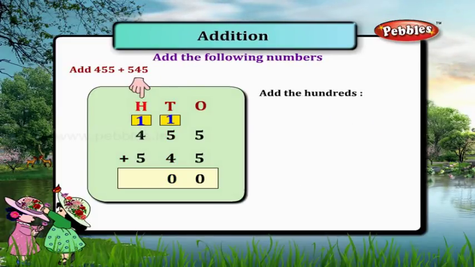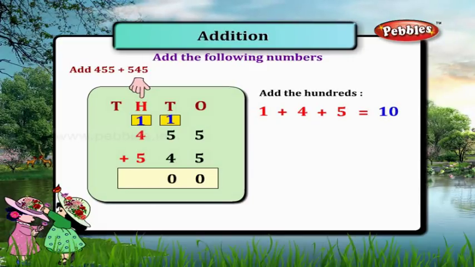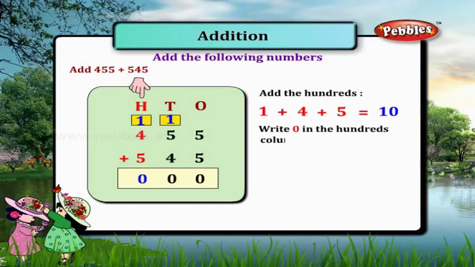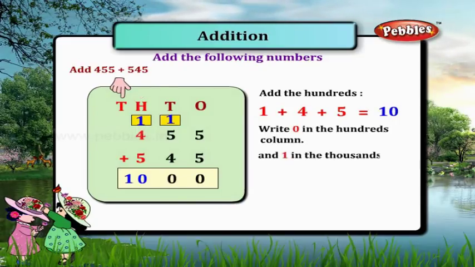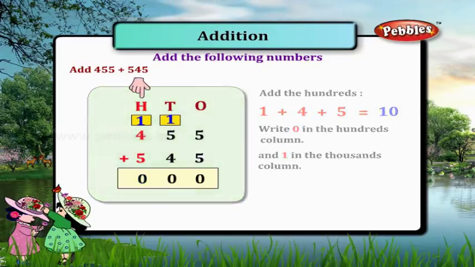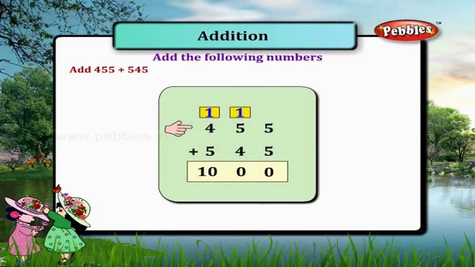Now add the hundreds. 1 plus 4 plus 5 equal to 10. Write 0 in the hundreds column and 1 in the thousands column. So by adding 455 to 545, we get 1000.